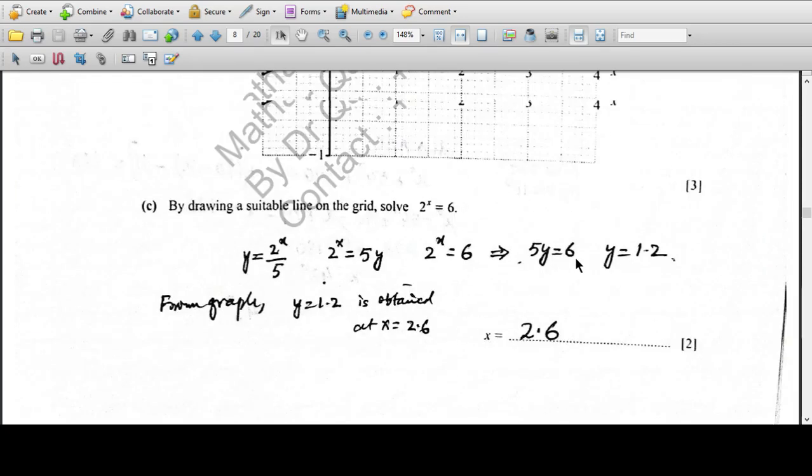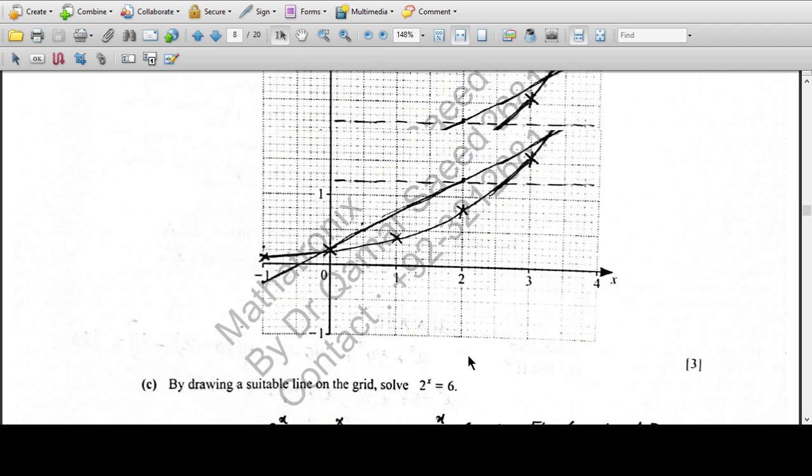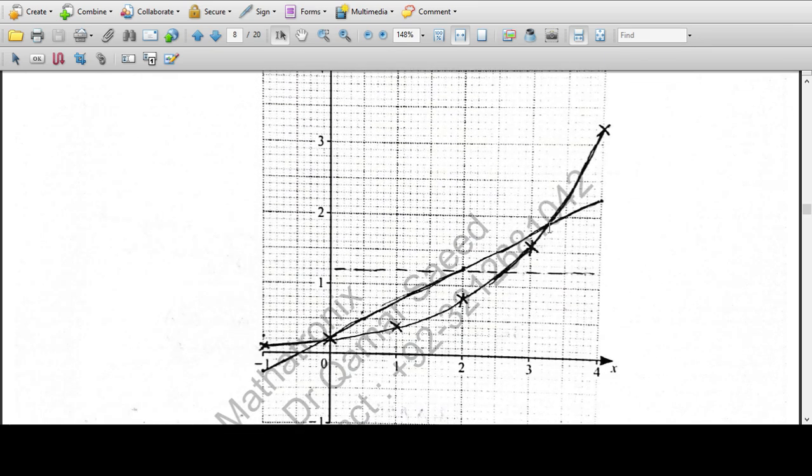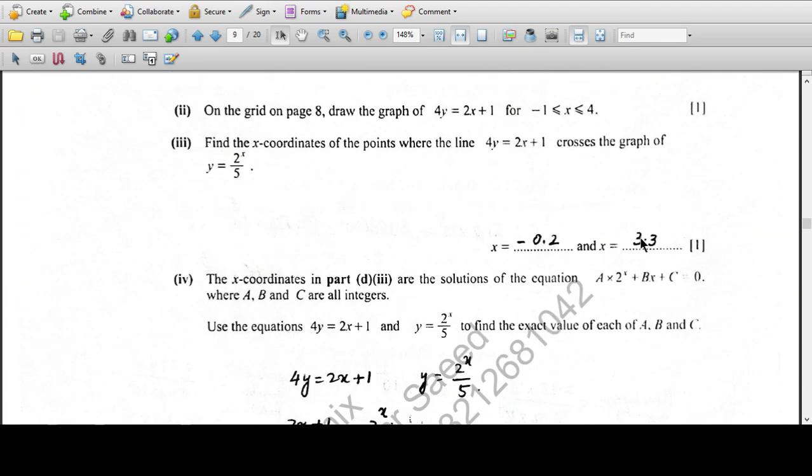So it is at minus 0.2. Here we can see at minus 0.2, this point, it is crossing here. And at this value, which is 3.4 or 3.3, so this is 3.3.